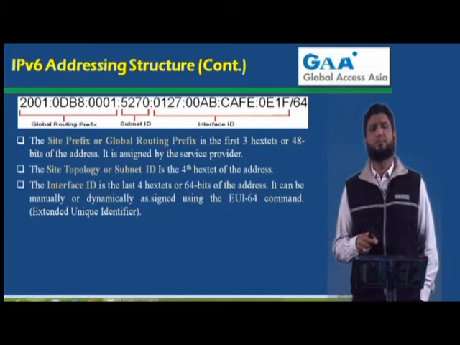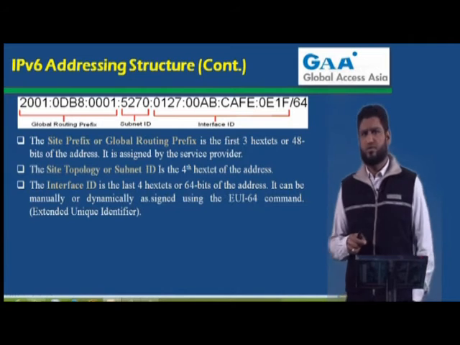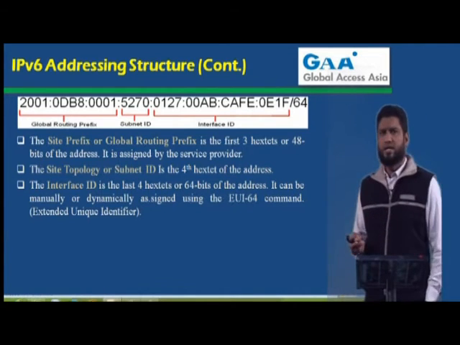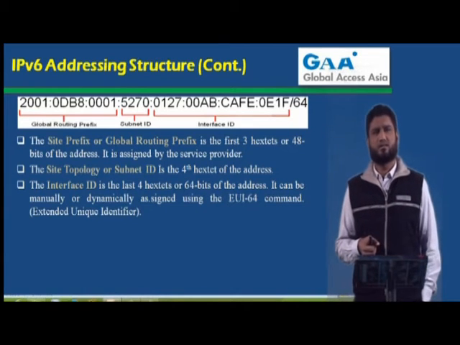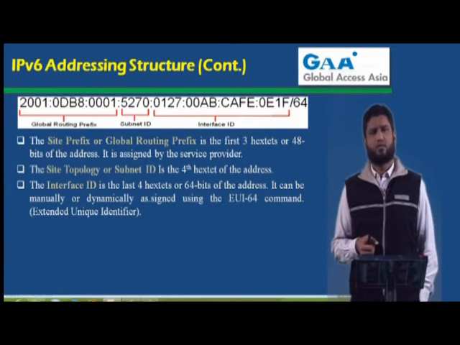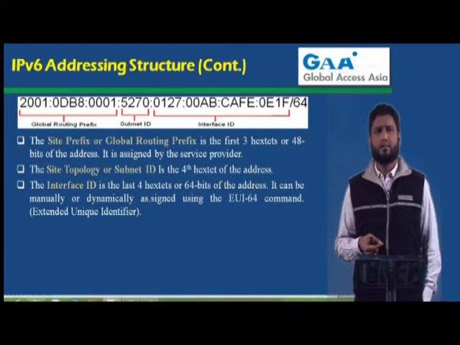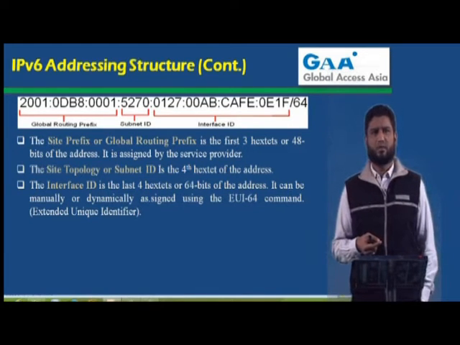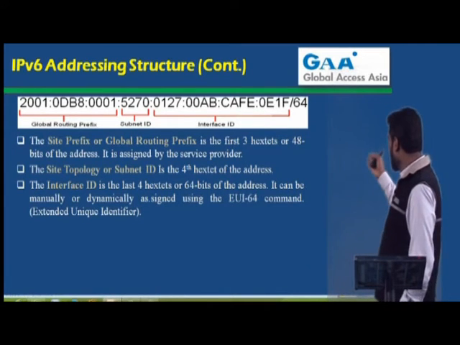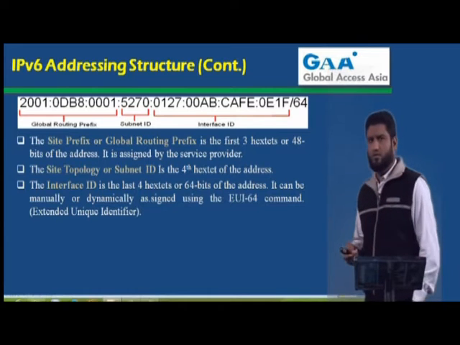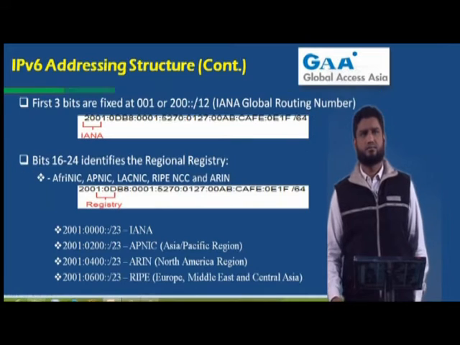The site topology or subnet ID is the fourth hextet of the address. You can see it is fixed for the subnet ID. The interface ID is the last four hextets or 64 bits of the address, and it can be assigned manually or dynamically using EUI-64, the Extended Unique Identifier. Finally, the prefix is /64.